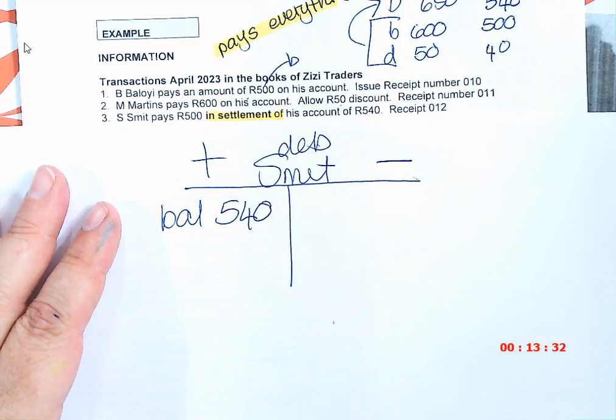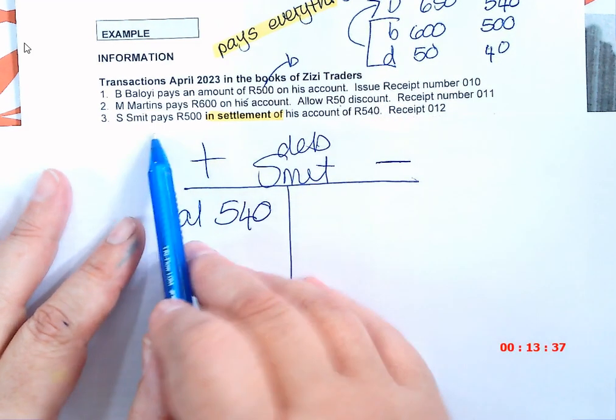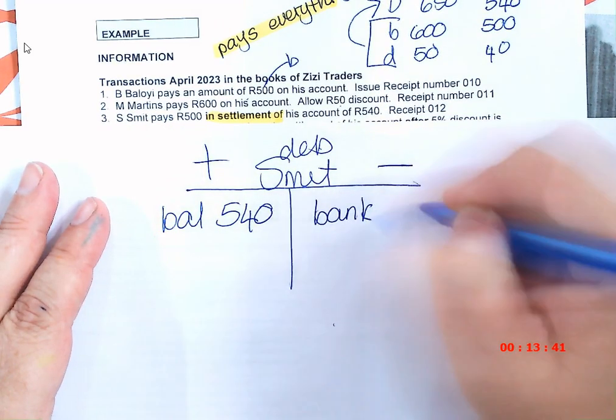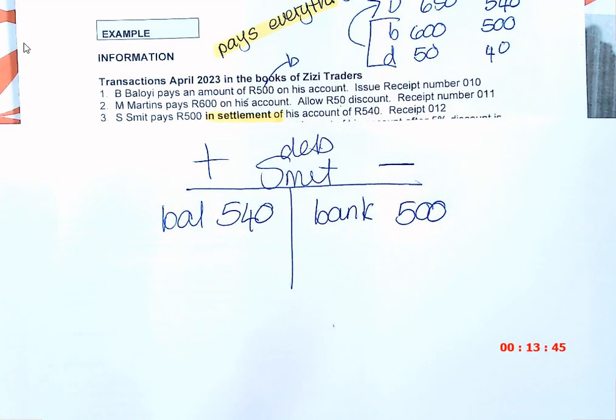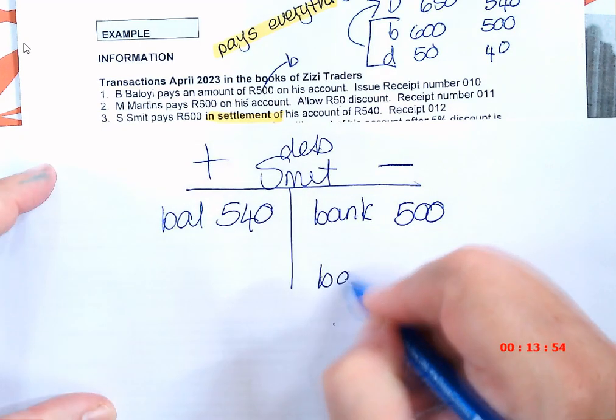That's what they say. His account is 540. Now he pays me 500. So I'm going to say bank 500. How much does he still owe me? 40. Okay. But now, that word settlement means that in the end the balance is going to be 0.